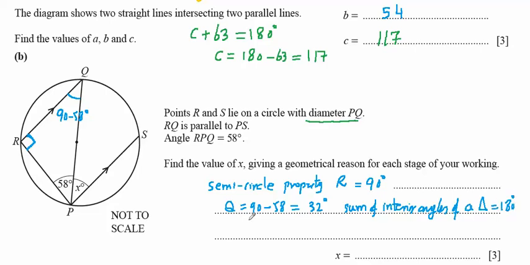Basically we use this method, and since one angle was 90, we said that the other two also add up to 90. Okay.